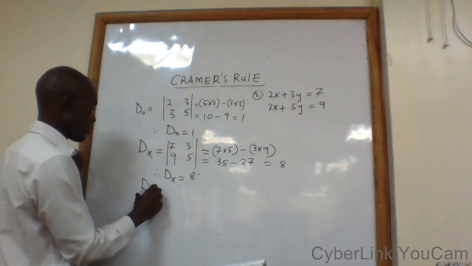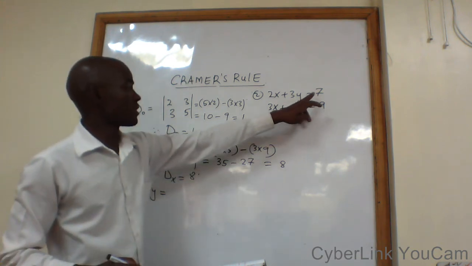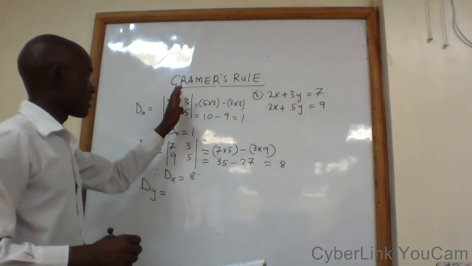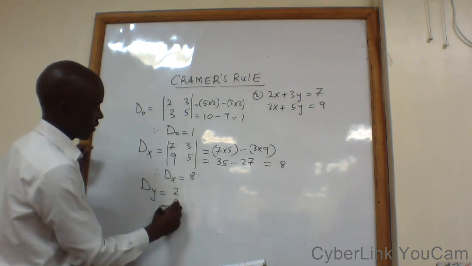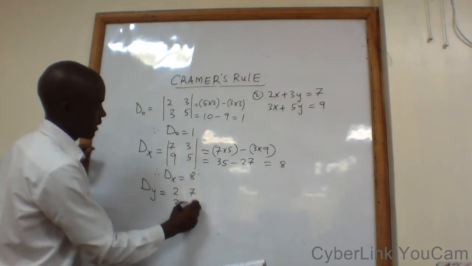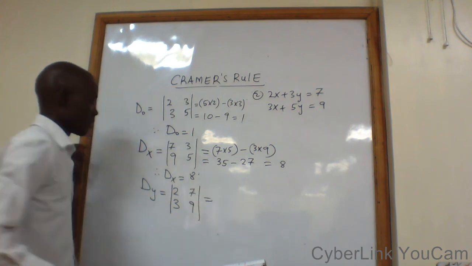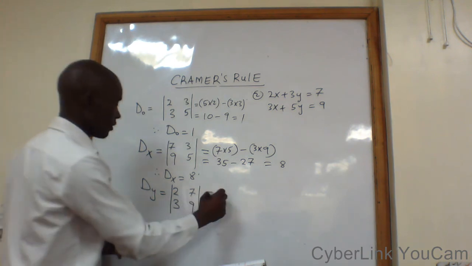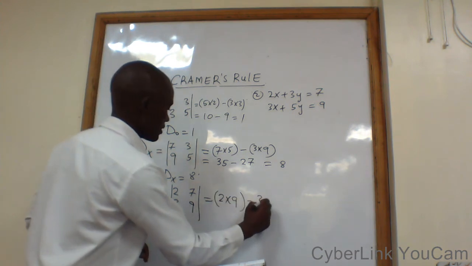We move to dy. Our dy, remember, we are now taking this one and substituting it in the second column, so that we can have 2, 3. You substitute 7, 9. If you substitute this, you will get right hand diagonal 2 times 9 minus 3 times 7.